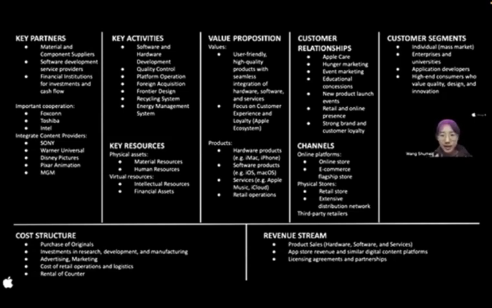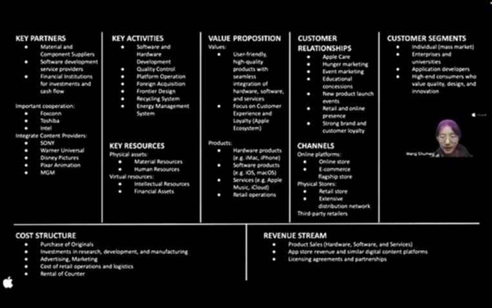And then the key activities are the important business models necessary for successful operation. Apple's key activities are the shift from a single computer maker to a diversified provider of mobile devices, like software development, quality control, platform operation and so on.